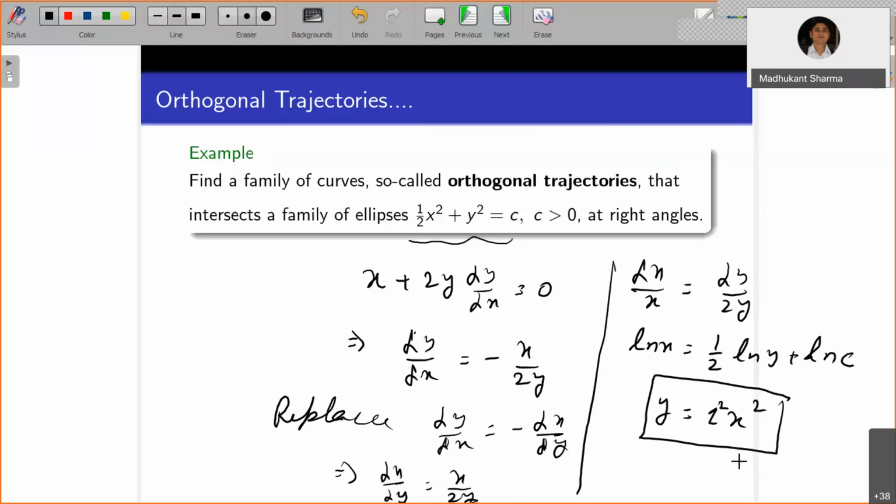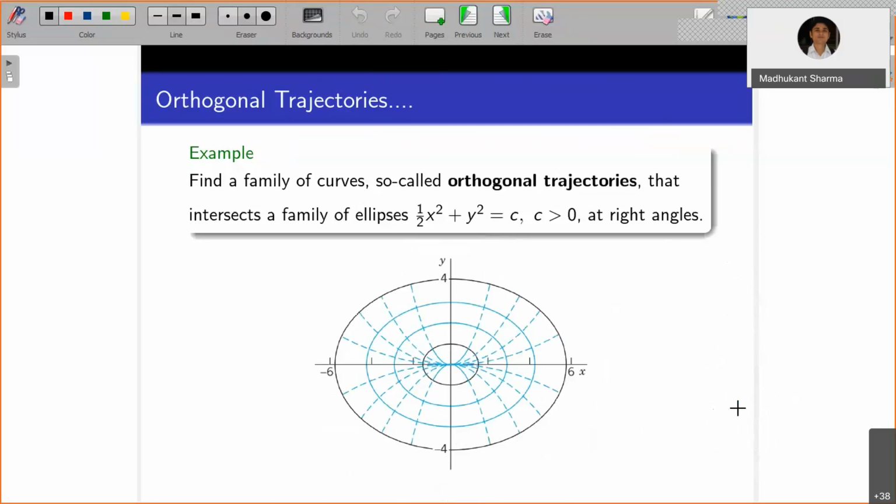You can also use a minus sign, which will also solve your problem. So these are parabolas passing through the origin. The family of parabolas passing through the origin turns out to be the orthogonal trajectory for these ellipses.